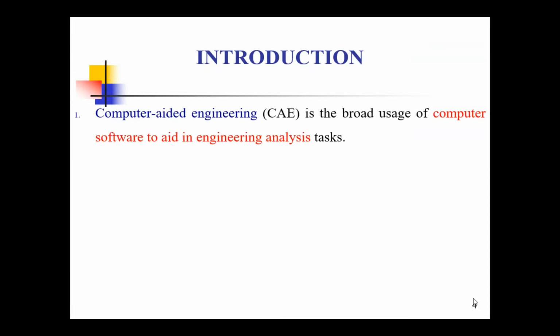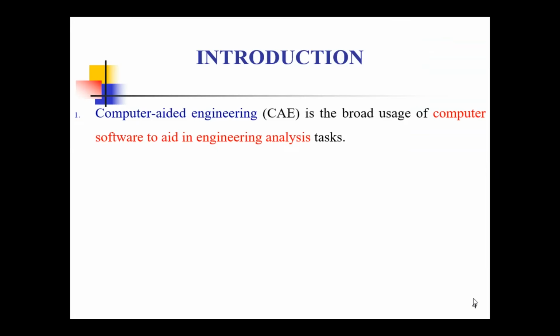So this simulation studies also fall under computer aided engineering. So what is meant by computer aided engineering? Computer aided. So we are going to use computers to perform some engineering task.